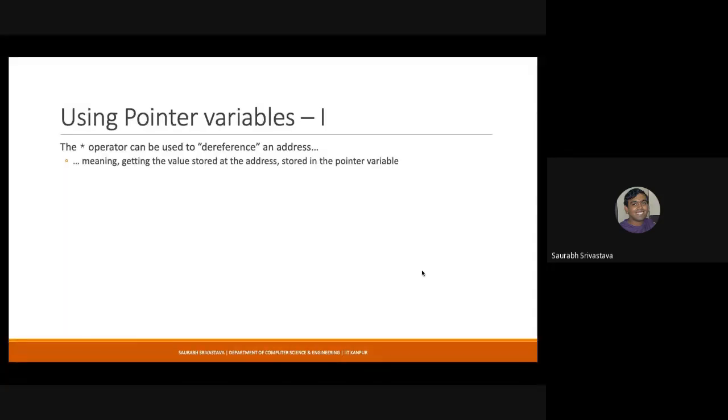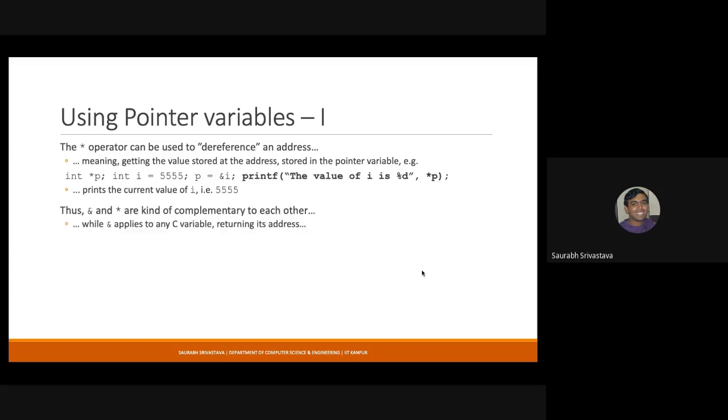The asterisk and ampersand operators are basically the inverse of each other. The asterisk operator allows you to get the value at a particular address, whereas the ampersand operator allows you to get the address of a particular variable.